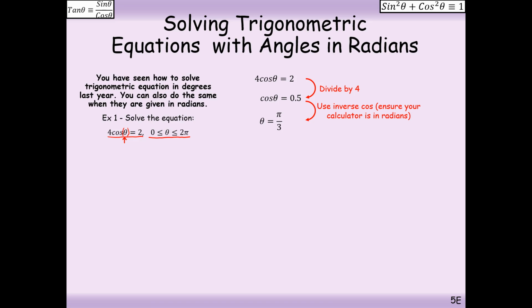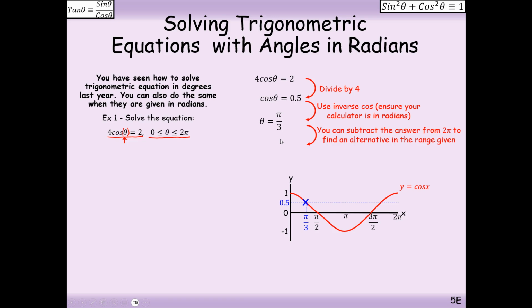And if we consider the graph of cosine, we will notice that this angle is also repeated at 2 pi minus the angle. So however much we go forward from 0, we come back from 2 pi here.